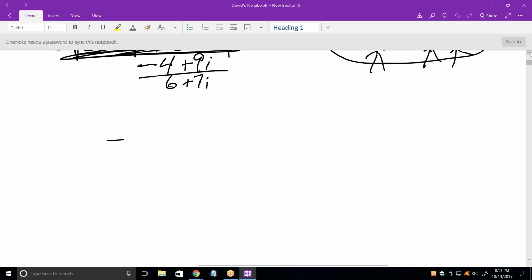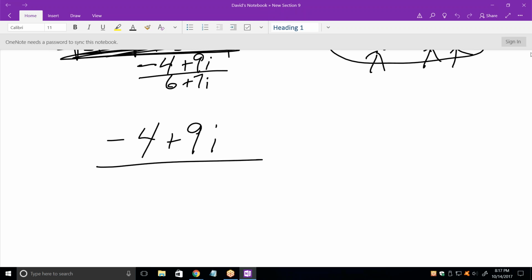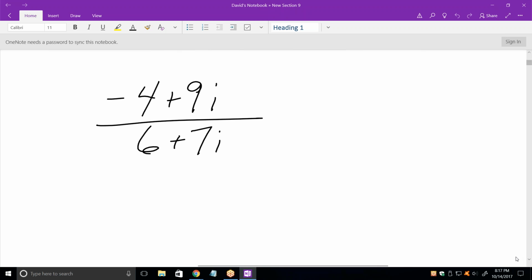Okay, here, let me write this a little bit better. If I wanted to divide those two things, that's the way I would write it, but I wouldn't do it as a division problem. Any more than I wouldn't do 1 over square root of 2. That's not a division problem either.